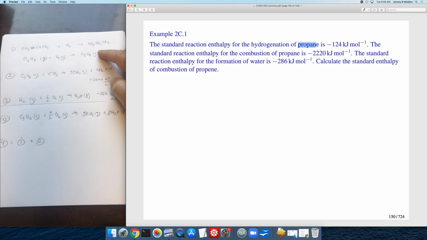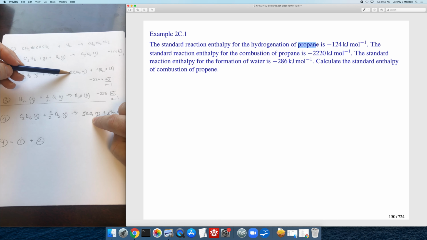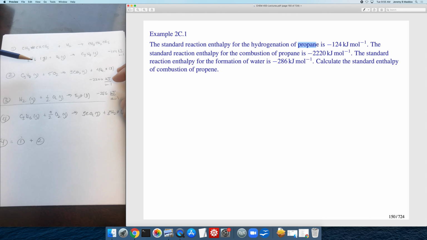Now the last thing that you are going to want to do is balance the water. If you'll notice, when you add in reaction 2, that gives you all of the CO2 that you want. So that was another good thing about adding in reaction 2. Now what you really need to worry about is the water. You need 3 moles of water, and reaction 2 gives you 4 moles of water.